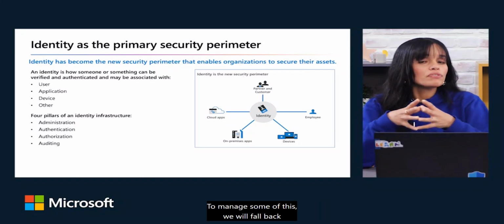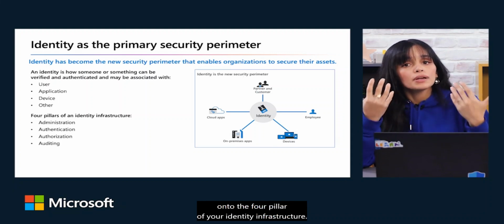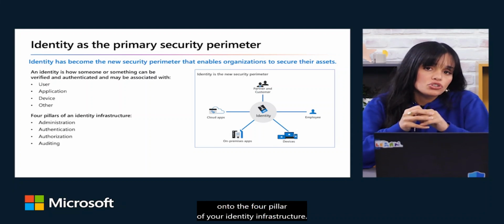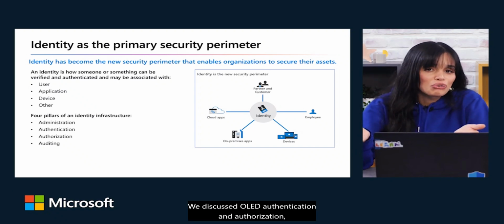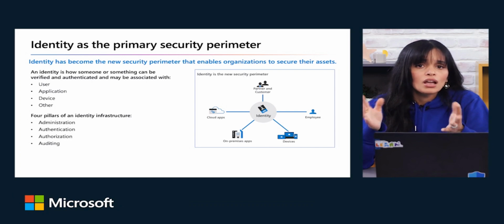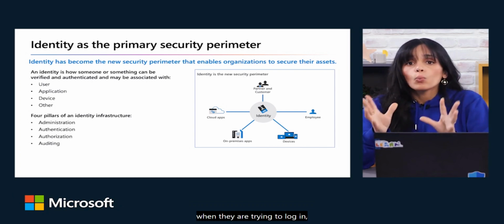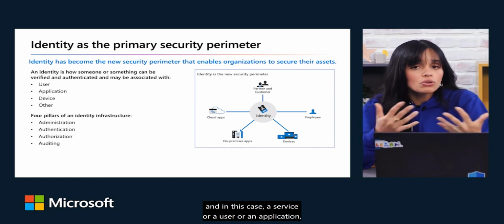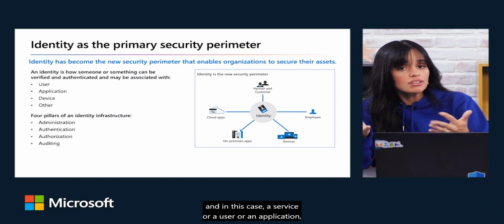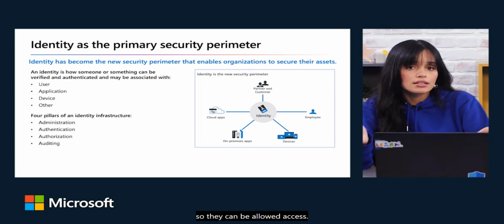To manage some of this, we will fall back onto the 4 pillars of your identity infrastructure. We discussed already authentication and authorization, which simply ensure that you know who someone is when they are trying to log in, and in this case, a service or a user or an application that is trying to authenticate itself so they can be allowed access.